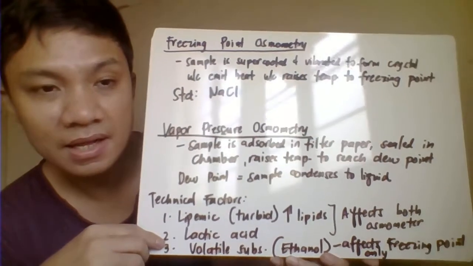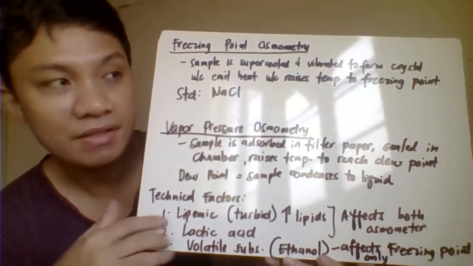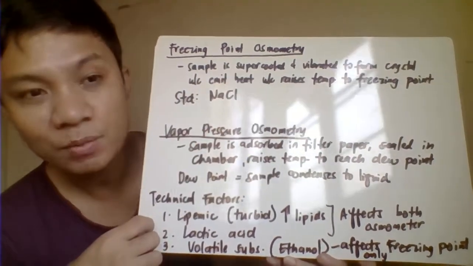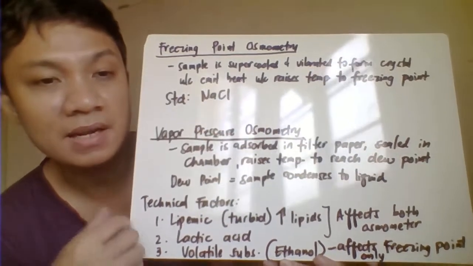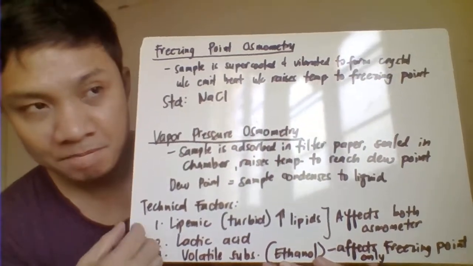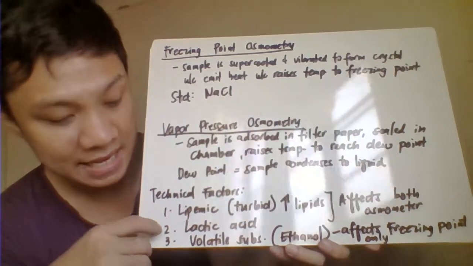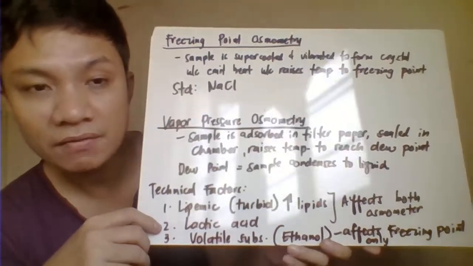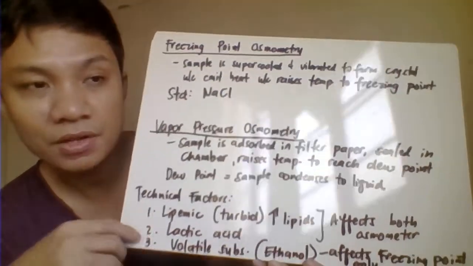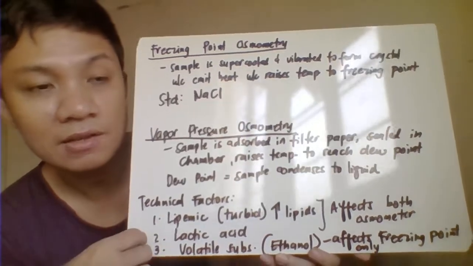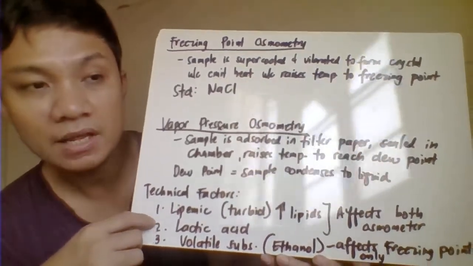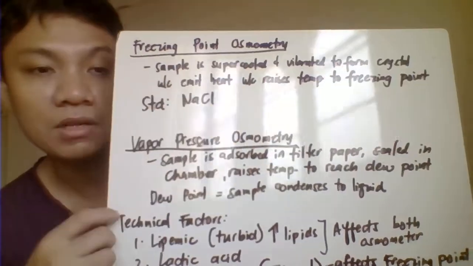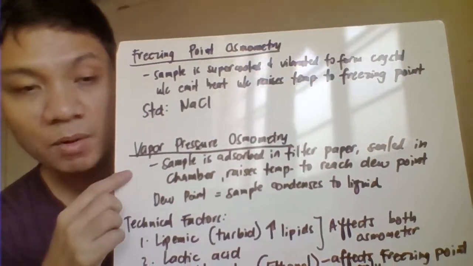Lactic acid, on the other hand, would eventually also affect both of these. That's why you need to preserve your specimen and analyze your specimen immediately. Another one, the presence of volatile substances, like for example alcohol in the form of ethanol, will affect only your freezing point osmometer but not your vapor pressure osmometer.